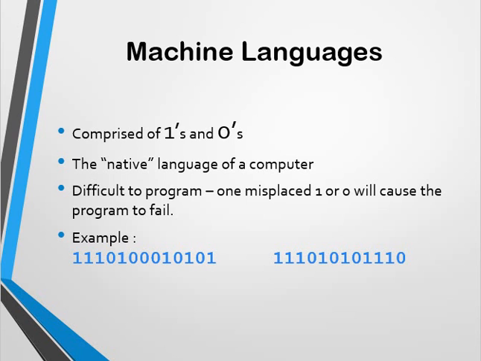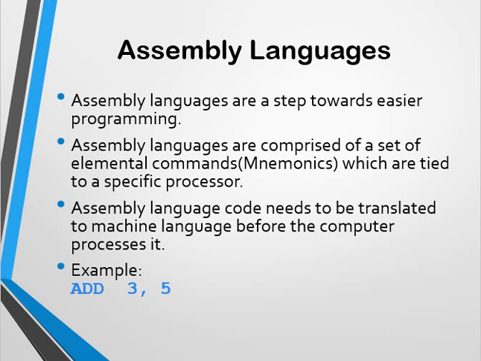After it, assembly languages came, and assembly language is a step towards easier programming. In assembly language, the instructions were written in symbolic names, called mnemonics, for the machine operations and operands, and it makes programming less tedious than machine level language.